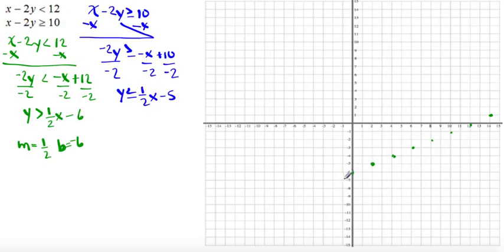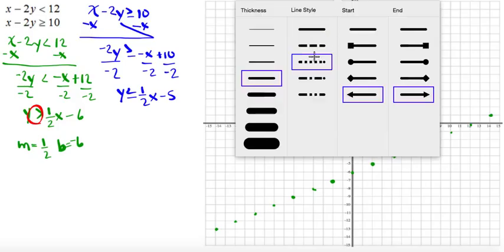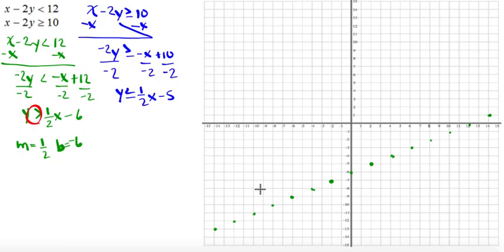And then to extend the line, I go down 1 to the left 2. Alright, so my inequality symbol here is just greater than. So I know that my line is going to be dotted.